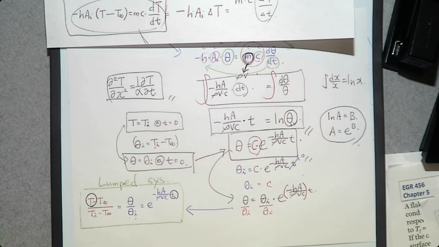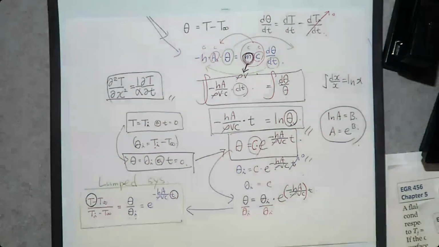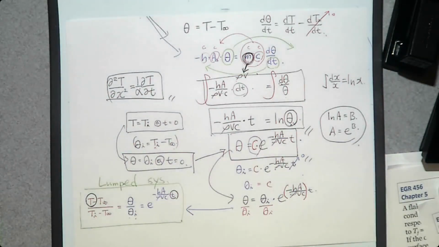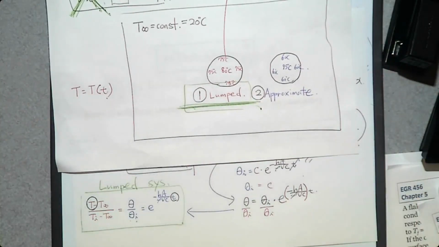Any question? Then you should have one last question. If I have a lumped system, we can use this simple solution. And if we don't have a lumped system, we need to solve that complicated second order partial differential equation. Then the question is, when can we assume our system is a lumped system?